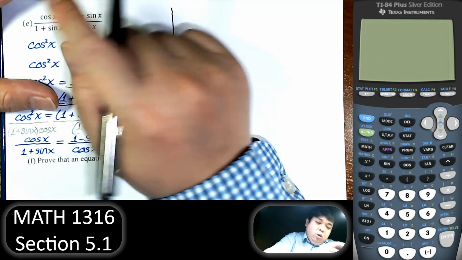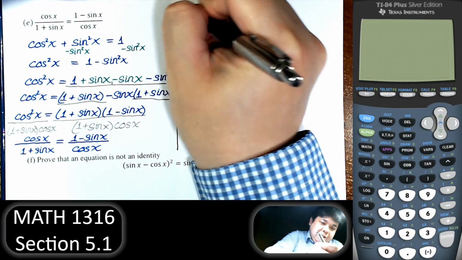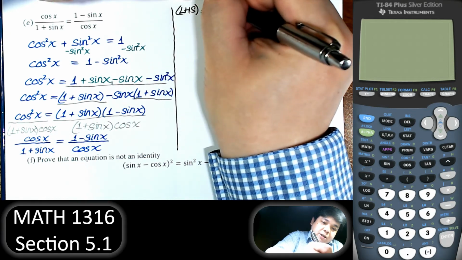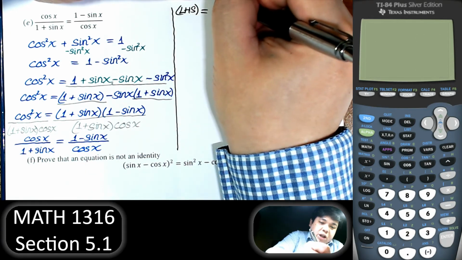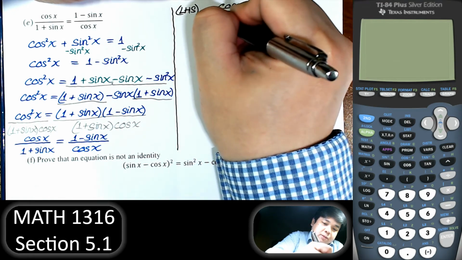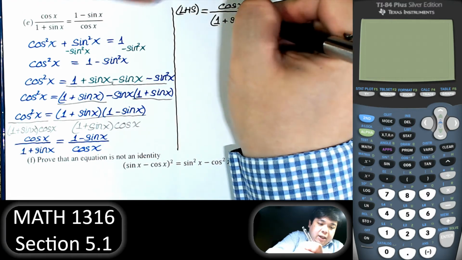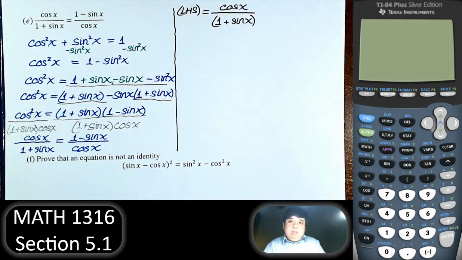So I'll go from the left hand side here. Because if we have to multiply something or divide by something, top and bottom, it has one term, it will be a lot easier to simplify.